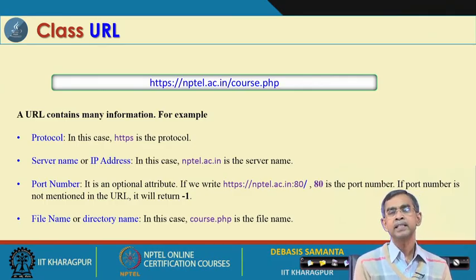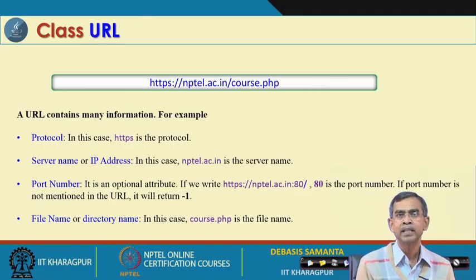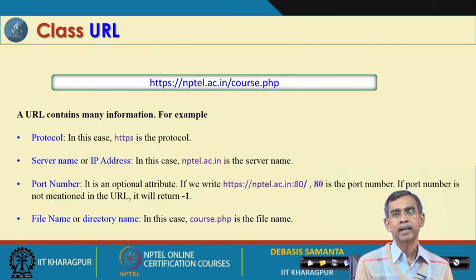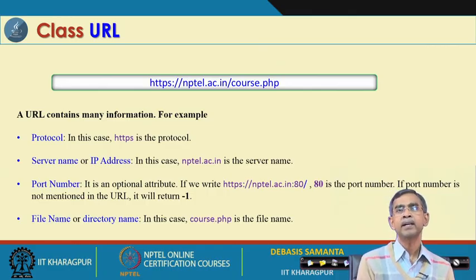So, course.php can be accessed by means of this URL, and another thing is from which machine this file can be accessed. The middle part, nptel.ac.in, indicates in which server this file is located. Once the file and the server are identified, the type of protocol transmission to follow in order to get access to this file on your own machine is determined.